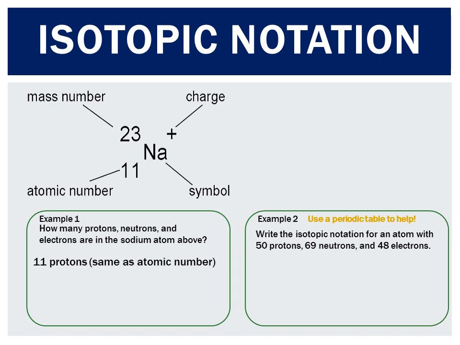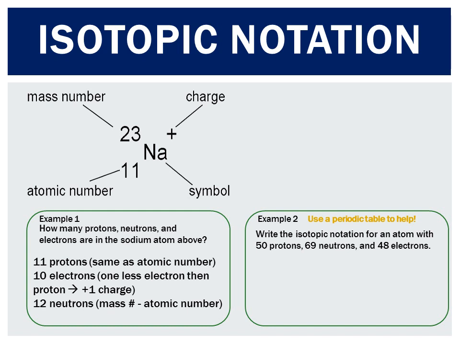Now, let's look here at the mass number. Remember that mass number is protons plus neutrons. So if I wanted to find the number of neutrons, I would rearrange that equation. Mass number minus atomic number, or number of protons, would give me neutrons. Sorry, this was in the opposite order here.